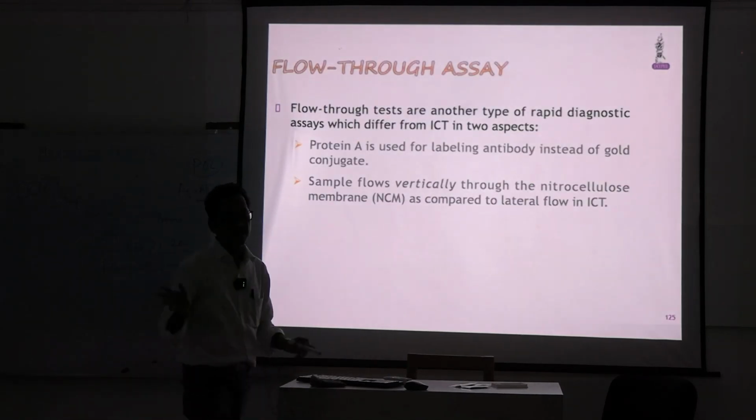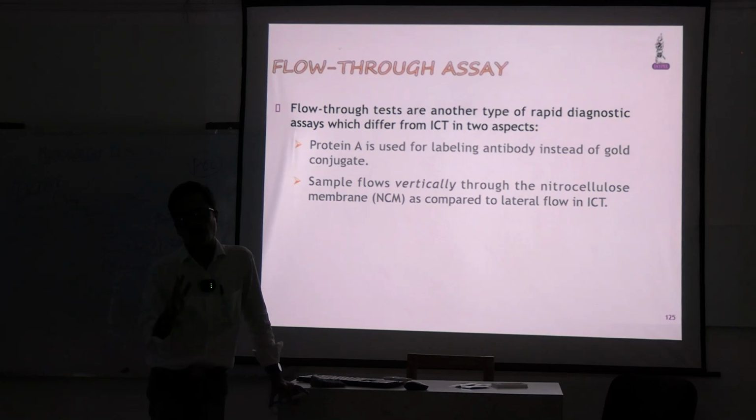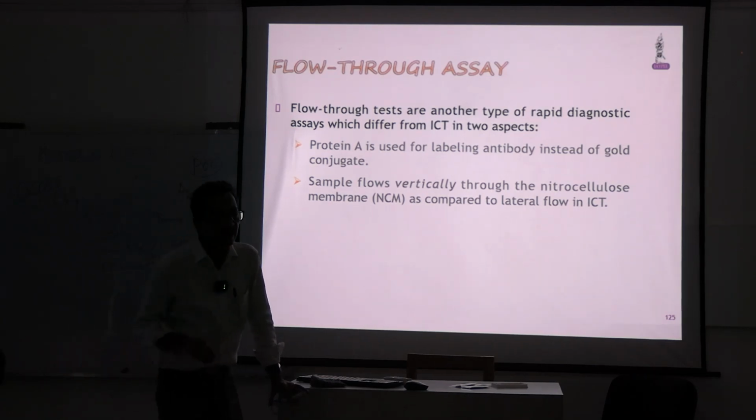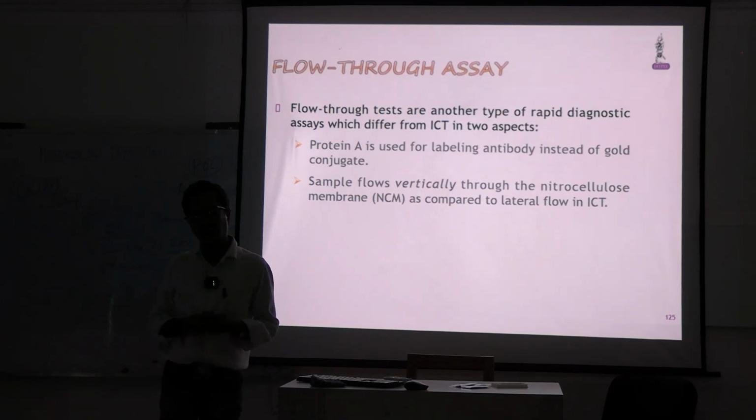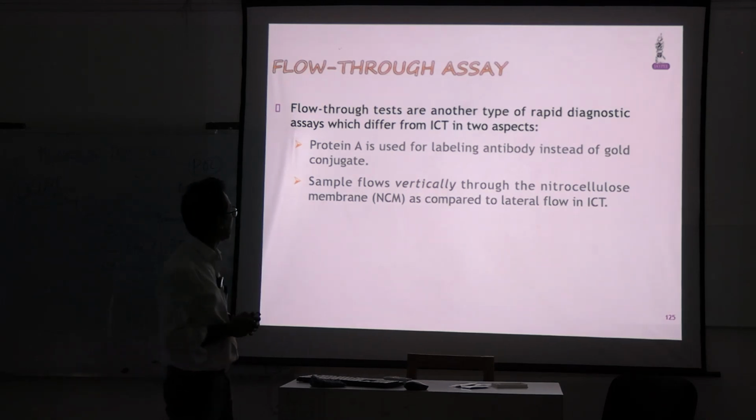Now, what we have shown is lateral flow. Another is flow through, where you have to give the sample from above. The 3-dot technique, the tri-dot test for HIV, is one example of a flow through test.